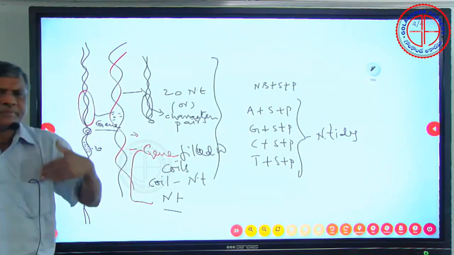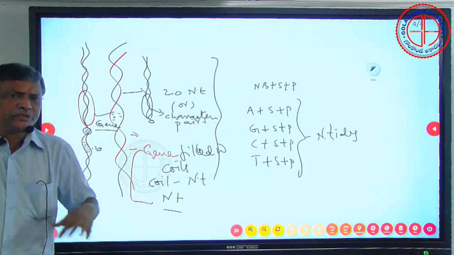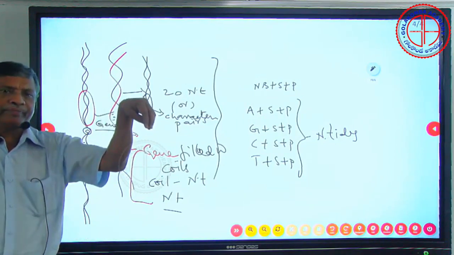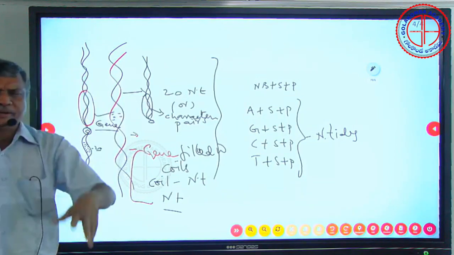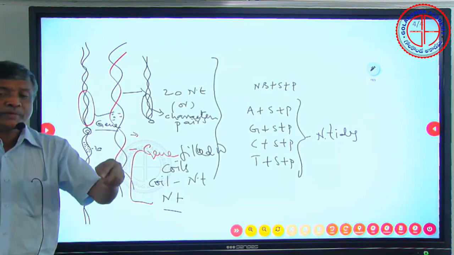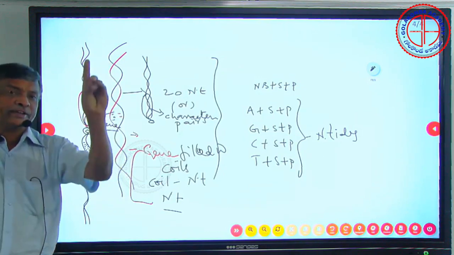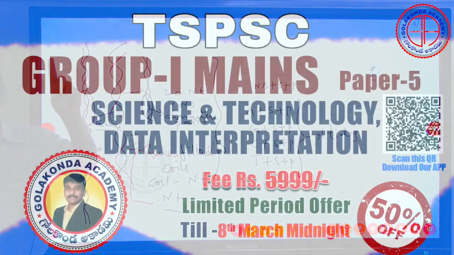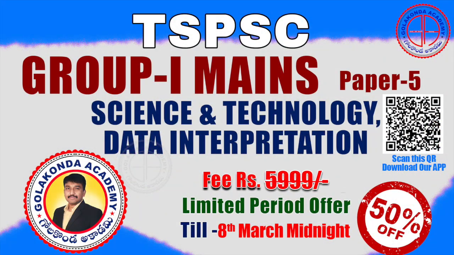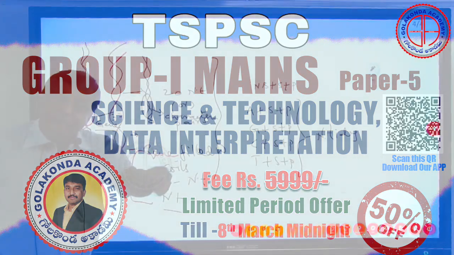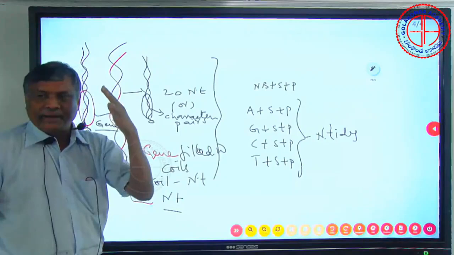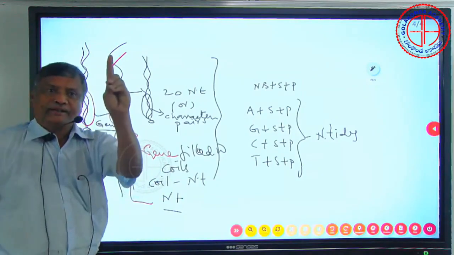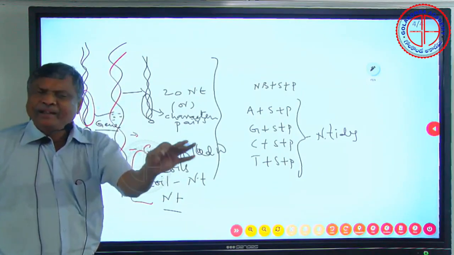Each and every character of the body is controlled by genes which are located on DNA. Mind this point: a smallest part of the DNA which determines a single character. A part of DNA which determines a character is known as a gene.